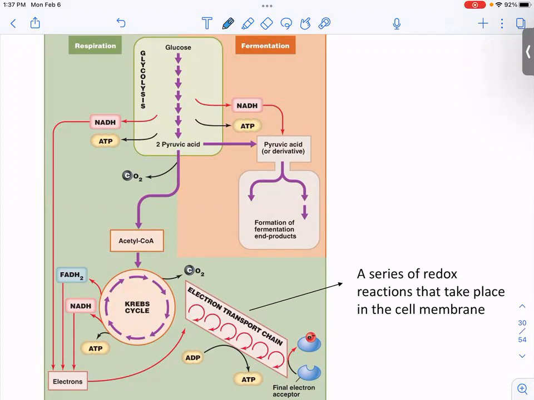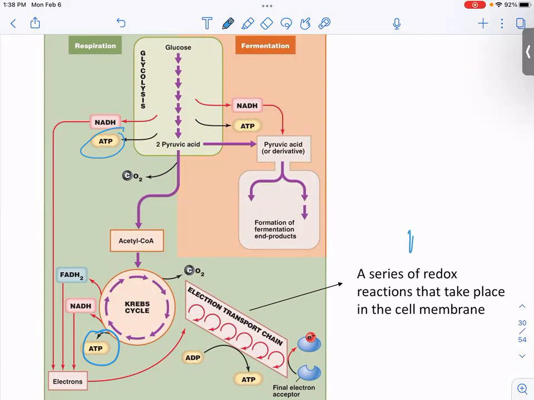It's those electrons that are going to be changed into lots of ATP. Now, we did get some ATP coming off the Krebs cycle by substrate level phosphorylation, and the same way some coming off glycolysis. But it's those electrons that are going to translate into a lot of ATP at the electron transport chain.